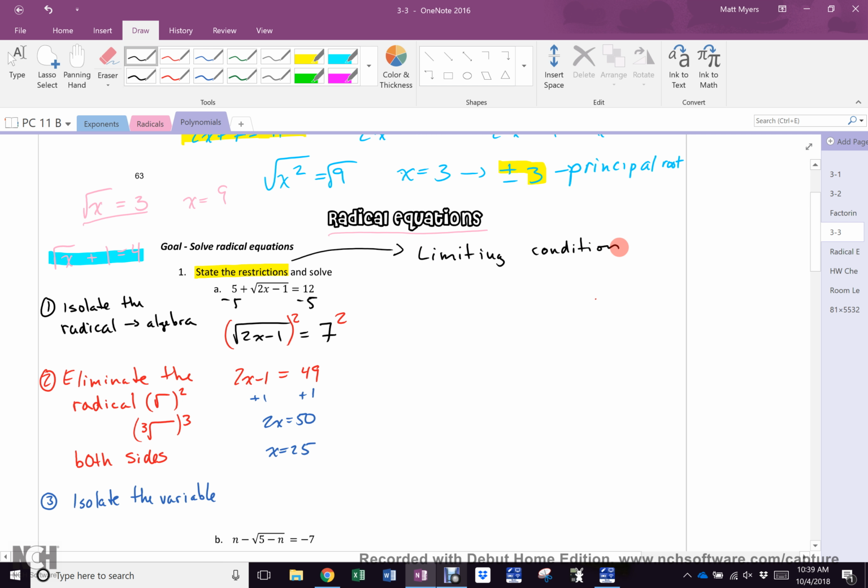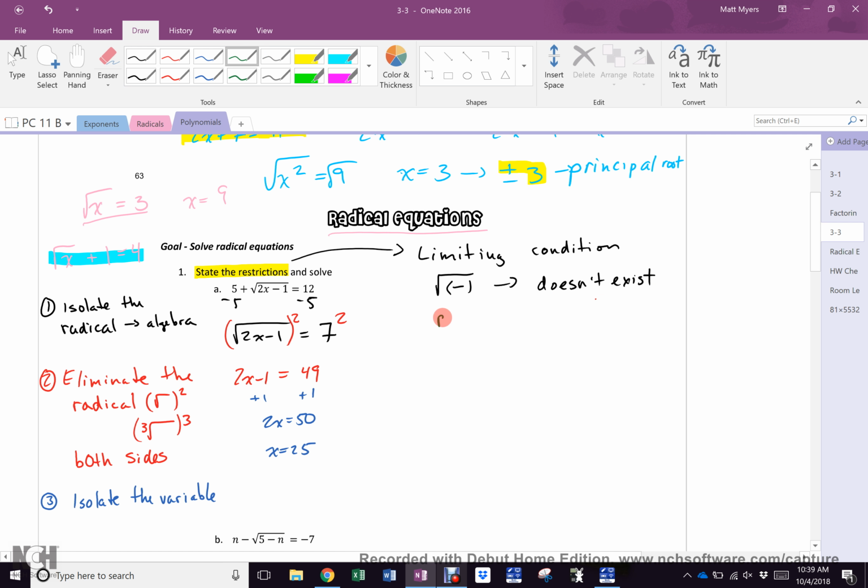All right? So, in radical equations, the number one limiting condition is this. Can you take a square root of a negative number? Yes or no? No, of course not. The square root of a negative number doesn't exist. So what does that mean we have to remember?